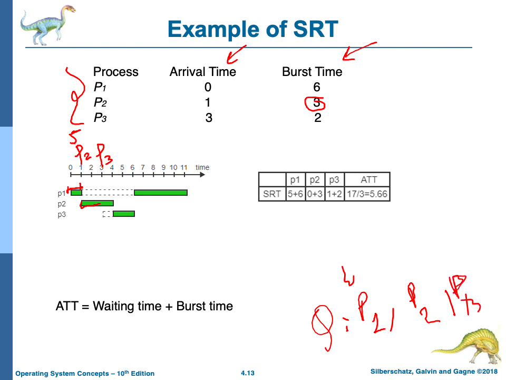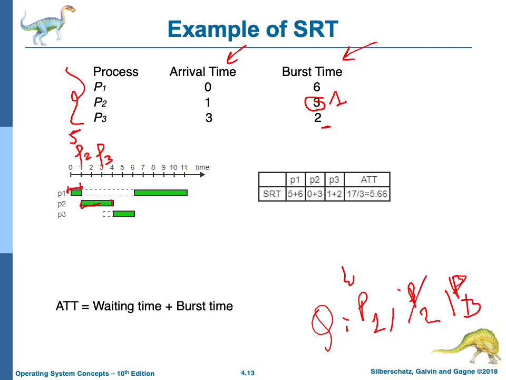This is P3. At this point, P3 requires 2 milliseconds and P2 has already run for 2 milliseconds, right? So it only has 1 millisecond to go. Therefore, P2 has the shortest remaining time, so it will be allowed to continue executing.